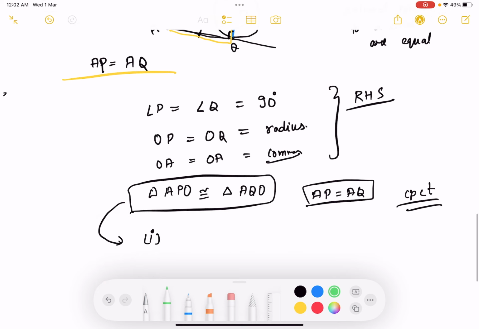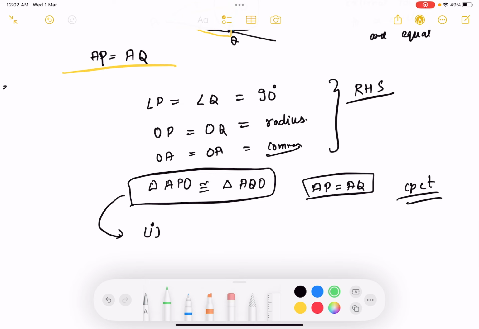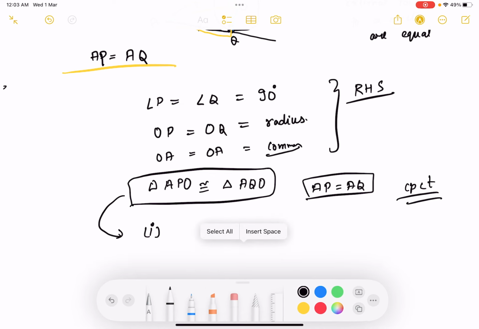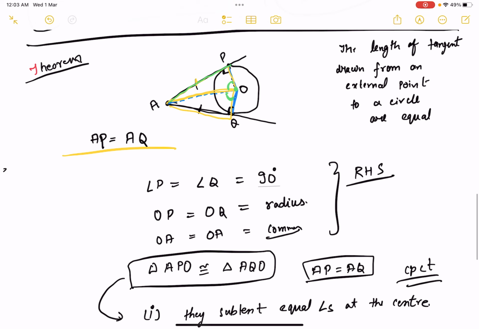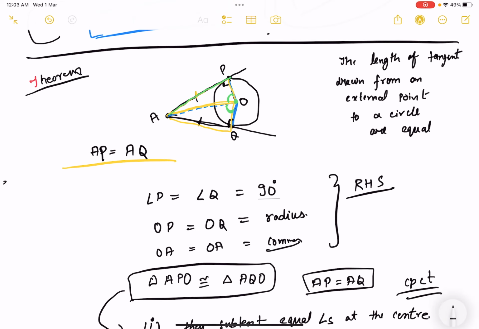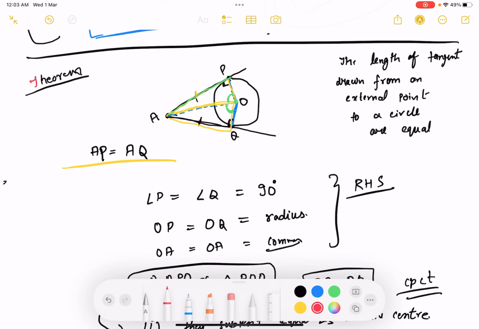This is the first deduction from the above theorem, that they subtend equal angles at the center. Second is this angle will also be equal. This angle will also be equal.